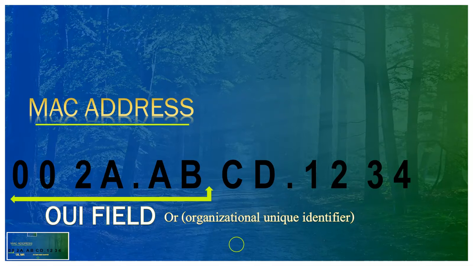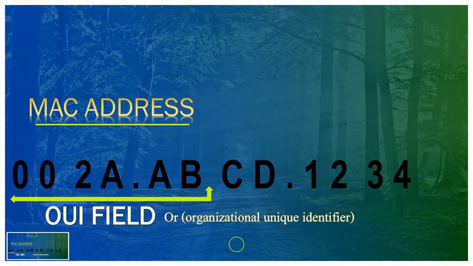The first 24 bits of the MAC address are your OUI field, or the organizational unique identifier. The organizational unique identifier is designated by a governing body, and it cannot be changed. And this is vendor specific.